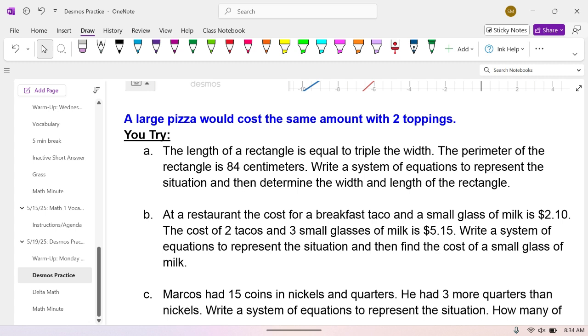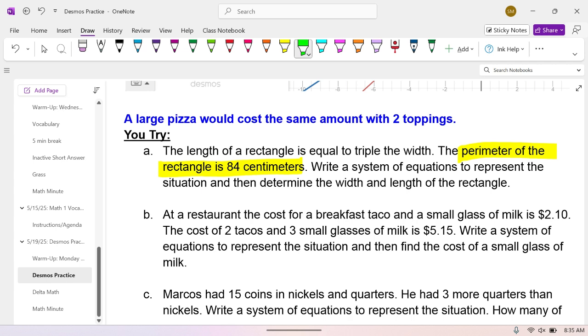So G stands for given. What am I given? Someone raise your hand and tell me one piece of information that I'm given. Olivia. The perimeter of the rectangle is 84 centimeters. All right. What's another piece of given information? Someone else.